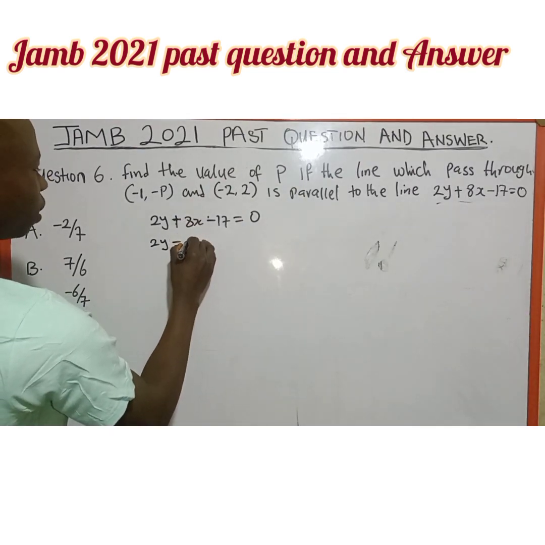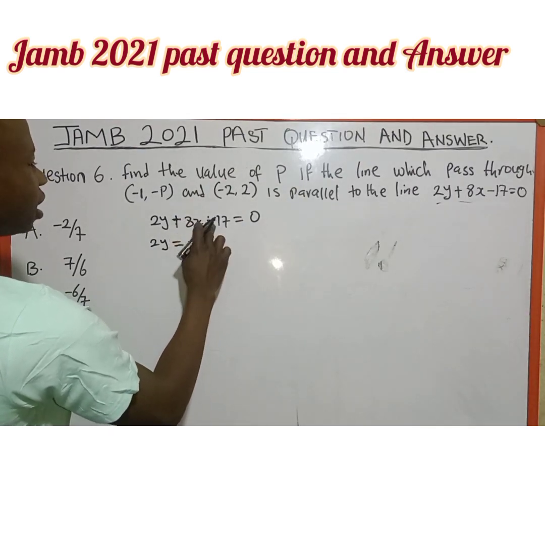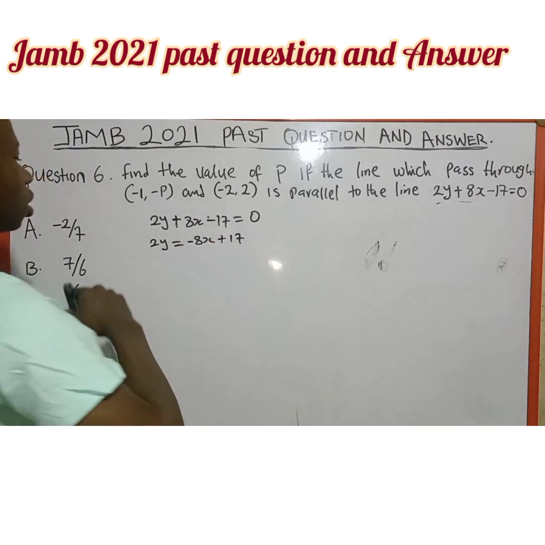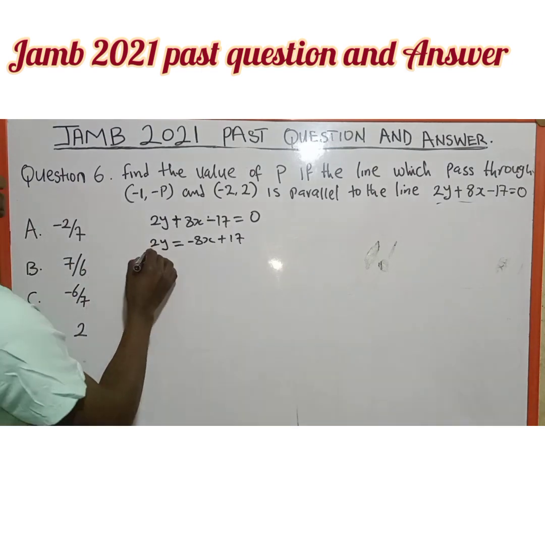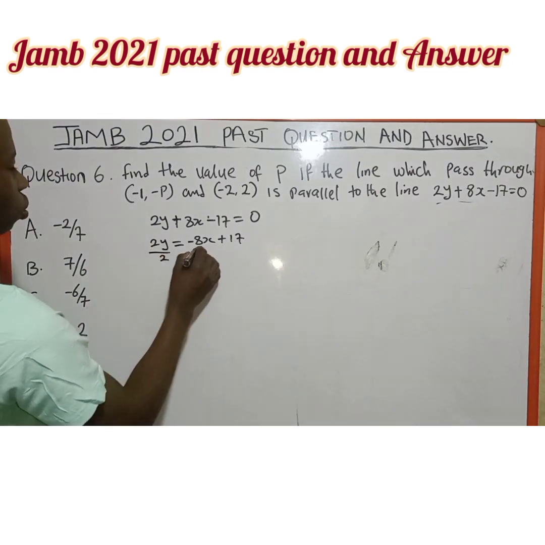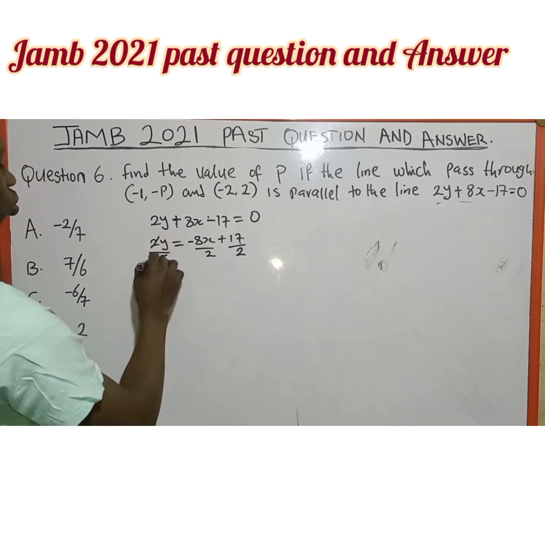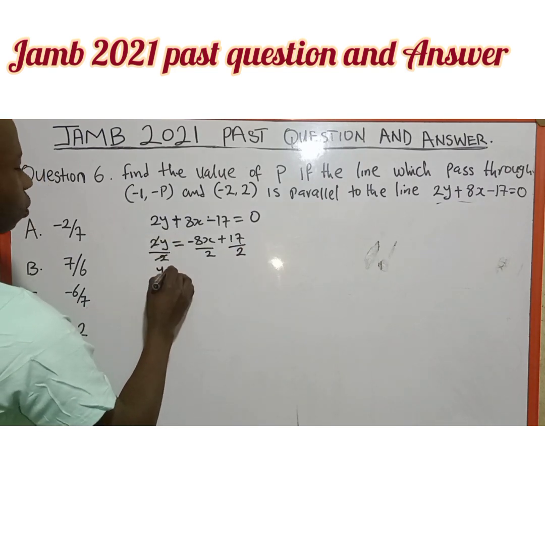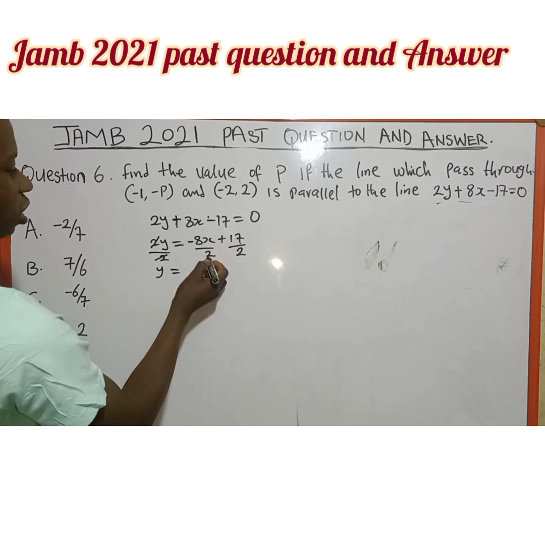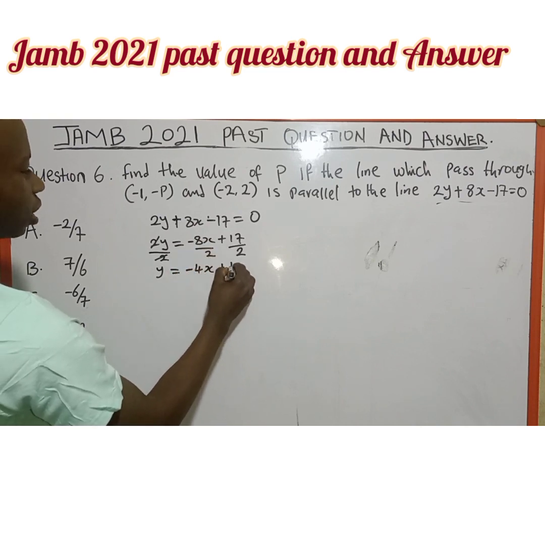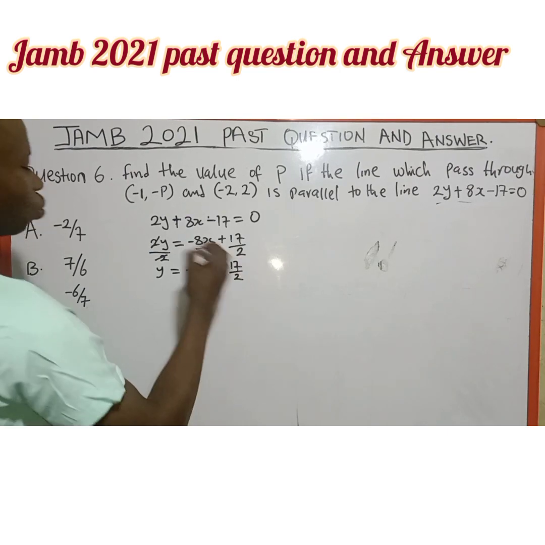This 8s will be negative 8s, then this negative 17 will cross over and become positive 17. The next thing for us to do is to divide both sides of this equation by 2, so that on the left hand side 2 will cancel 2, and we are left with y, which is equal to negative 8 divided by 2, which gives me negative 4s, then plus 17 over 2.